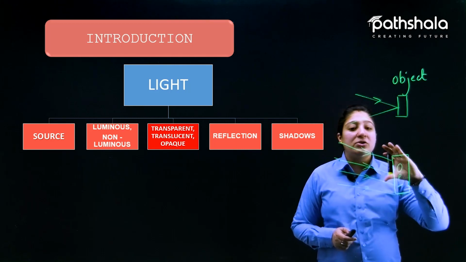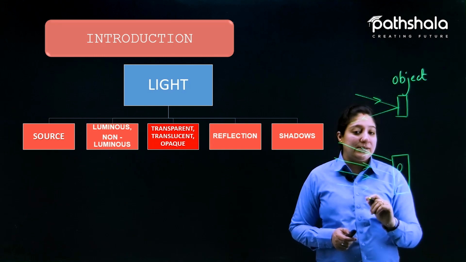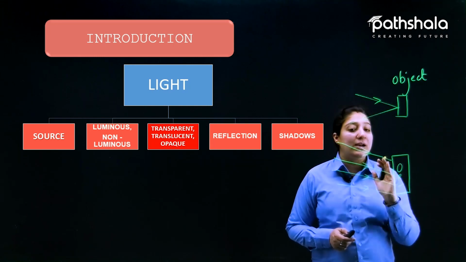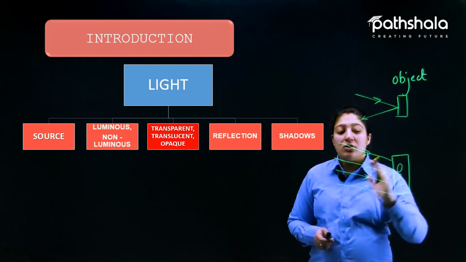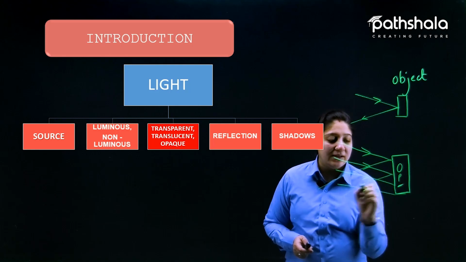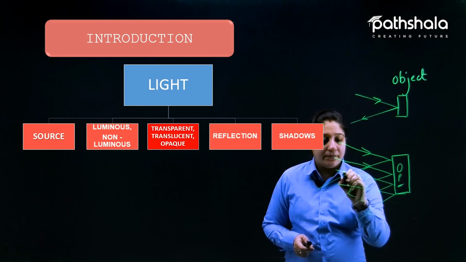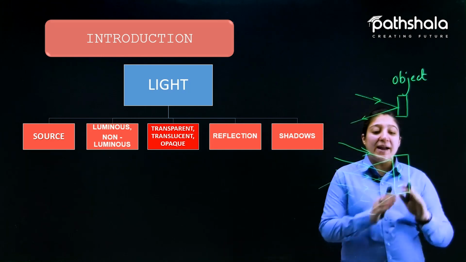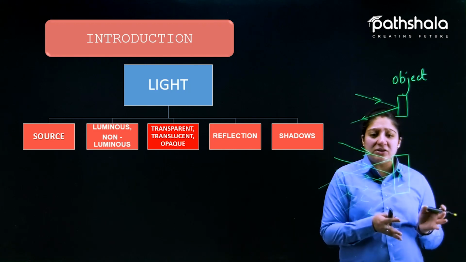Now when the light falls on some opaque object, as we've already seen, it doesn't allow the light to pass through it. Now what happens? The light reflects or goes back. When it goes back, it moves like this. Now, why are shadows forming? As light is not coming, why are shadows forming exactly?